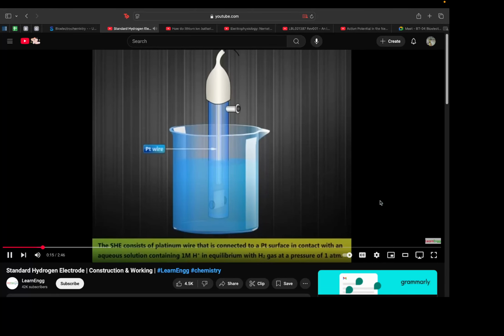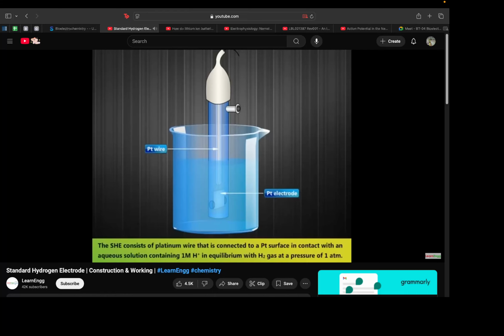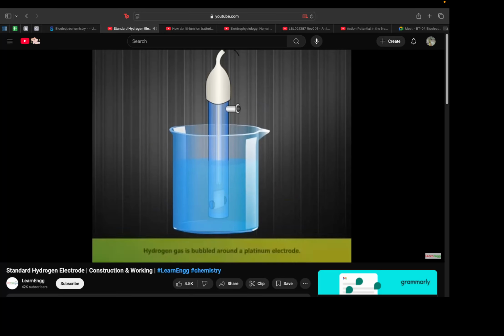The SHE consists of a platinum wire that is connected to a Pt surface in contact with an aqueous solution containing 1 M H+ in equilibrium with H2 gas at a pressure of 1 atmosphere. Let's take a look and see what happens at the standard hydrogen electrode. In this hydrogen electrode, hydrogen gas is bubbled around a platinum electrode.